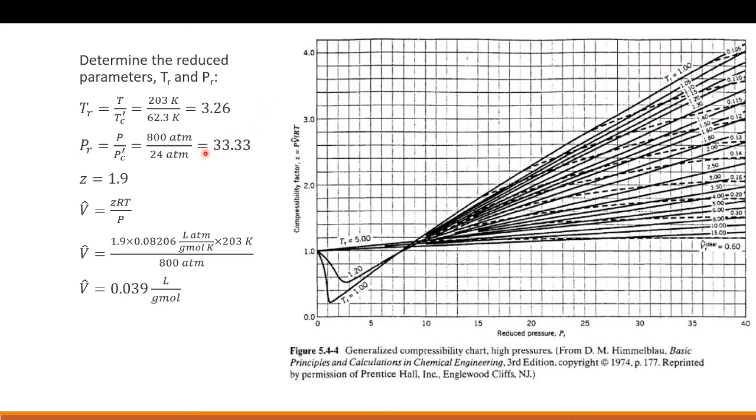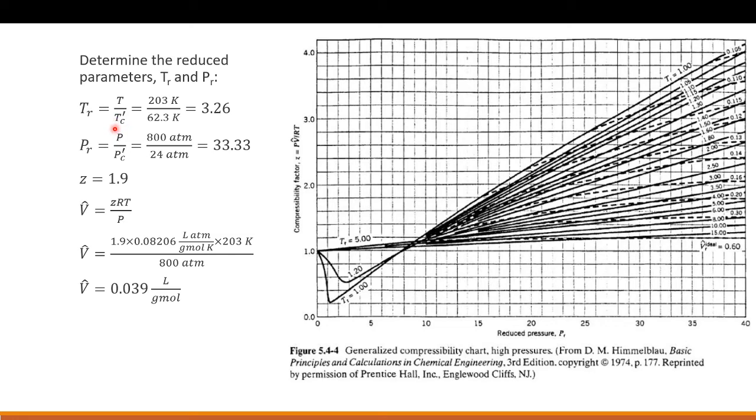So how do you calculate TR? We take T divided by the critical temperature of the mixture. Even if this question is not a mixture, you can also determine TR by using T divided by the critical temperature. Just that here, we replace it with the critical temperature of the mixture, because each mixture has a different critical temperature.